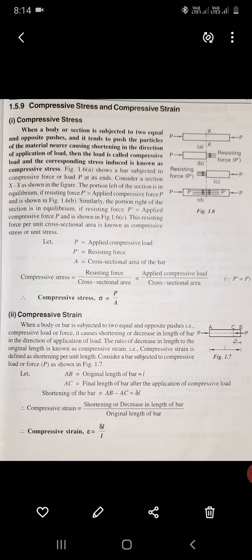After compressing, it has reduced to AC. So from L, it has decreased by a small amount, delta L. So compressive strain is the shortening in the bar upon the original length of the bar. The formula: compressive strain epsilon equals delta L upon L.